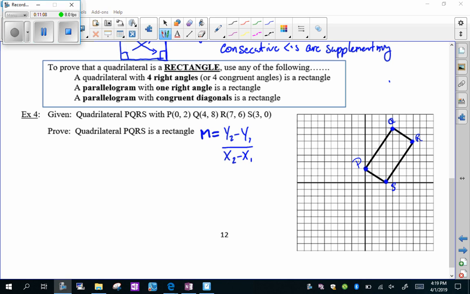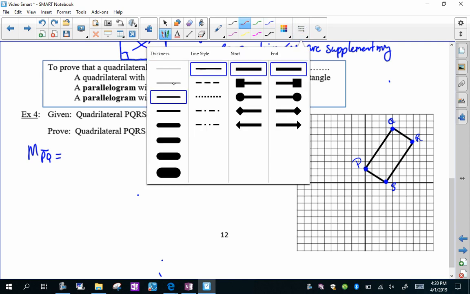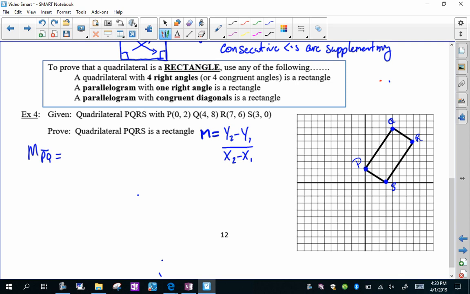So when I do that, I'm going to look at the slope of PQ first. Let's use a little different color here. I'm going to count 6, 4. So my rise is going to be 6, my run is 4. If we reduce that, that's going to be 3 over 2. Let me go back. The next one I'm going to do is QR.